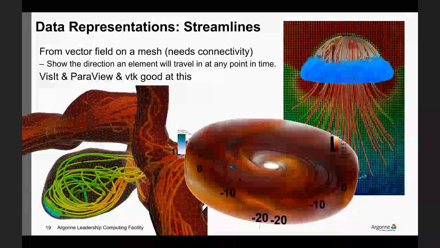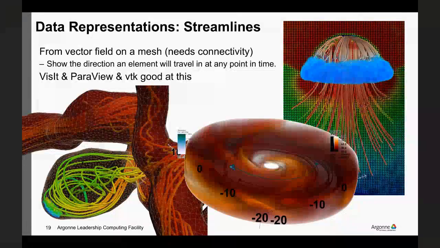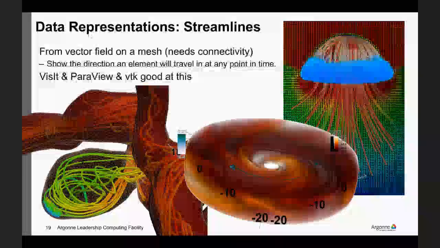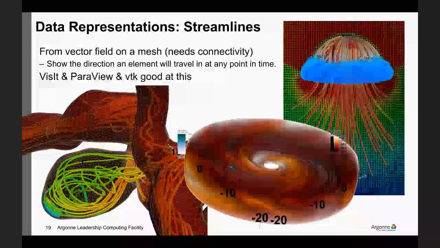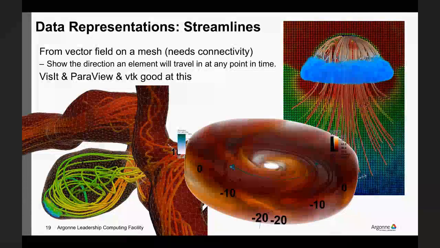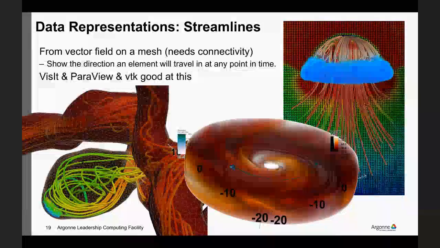So it's an instantaneous view: if I trace this particle within this one time step, this is the path that it would take within this one time step. And again, VisIt, ParaView, VTK, all good at this.